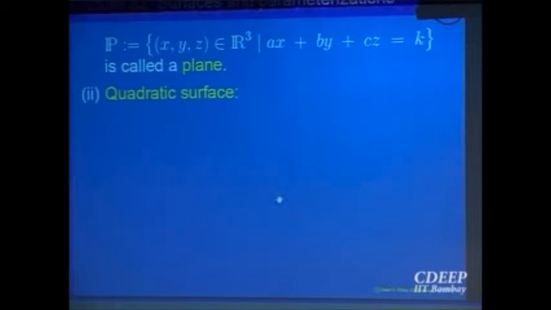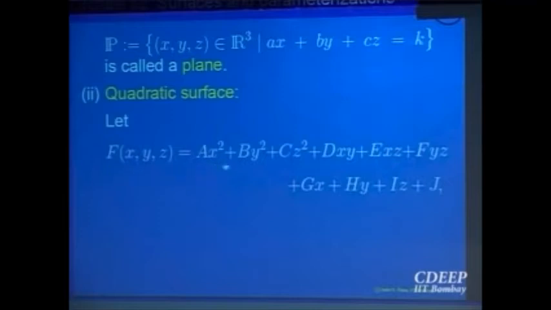Let us look at the next hierarchy, that is called quadratic surfaces. So f(x, y, z) need not be a linear function, it is a polynomial of degree 2, right? So what is a polynomial of degree 2 in variables x, y and z? It will look like a x square plus b y square plus c z square plus d xy plus e xz plus f yz plus g x plus h y plus i z plus j, right?